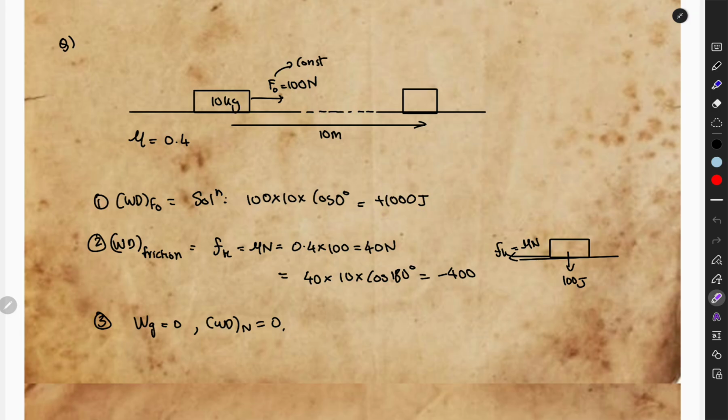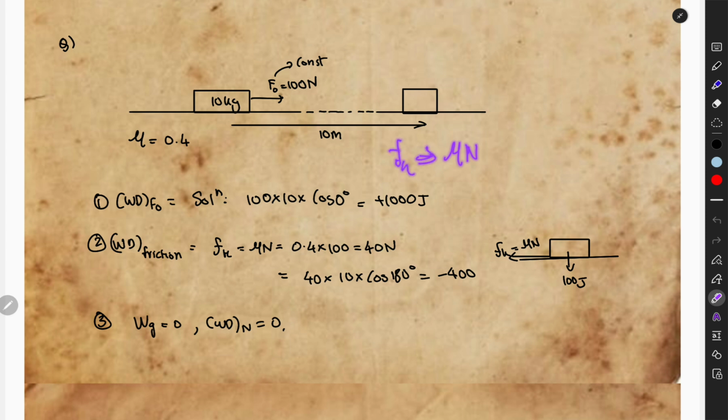If you talk about friction, it will be opposite to the relative movement of the object. Since the object is moving in this direction, the friction will act in the opposite direction.